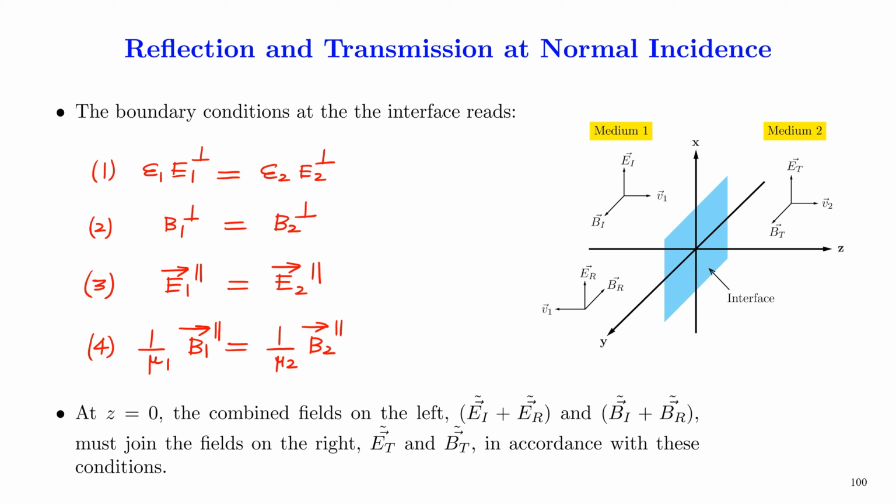The fields in medium 1 are E_I and E_R, B_I and B_R, and those in medium 2 are E_T and B_T. According to the boundary conditions, at the interface, the combined fields on the left, that is E_I plus E_R and B_I plus B_R, have to join the fields on the right, that is E_T and B_T.